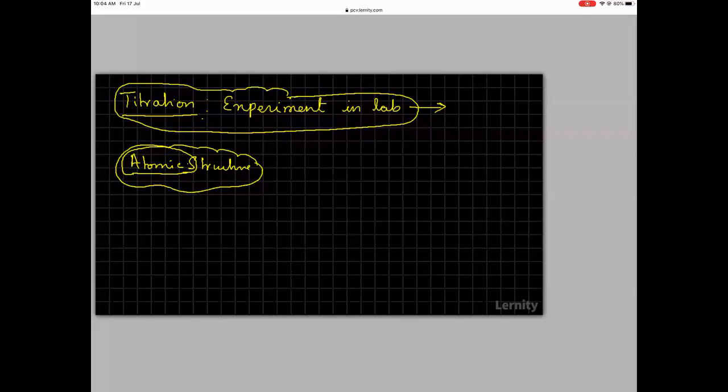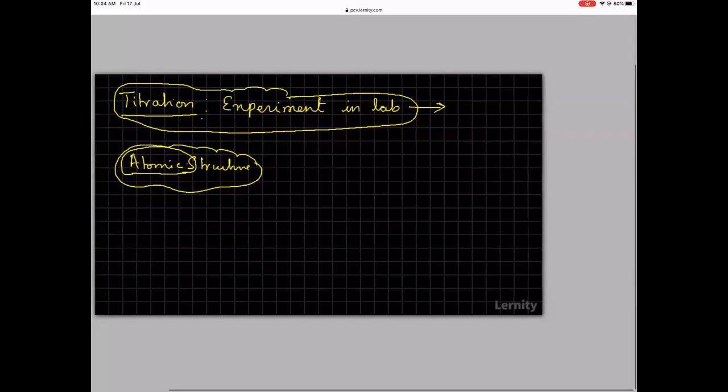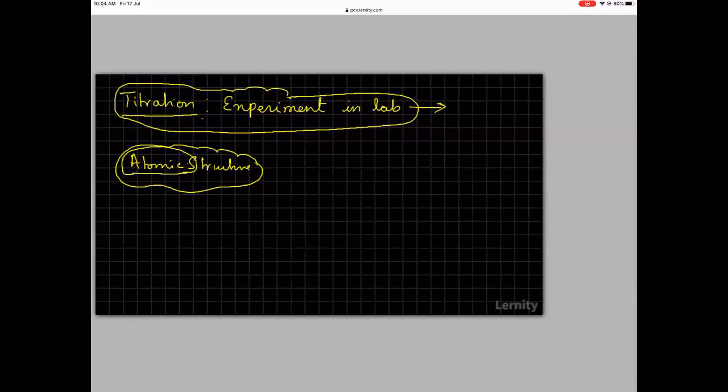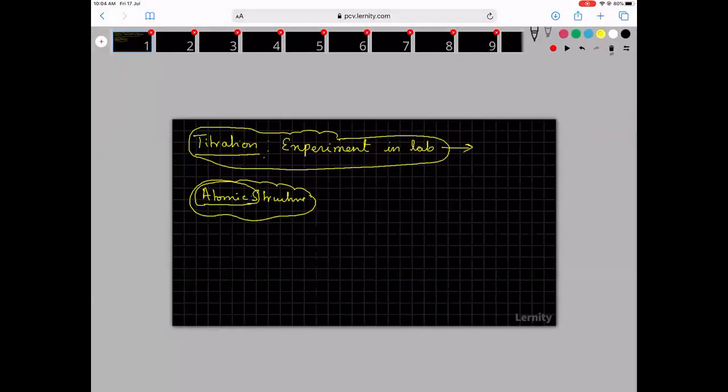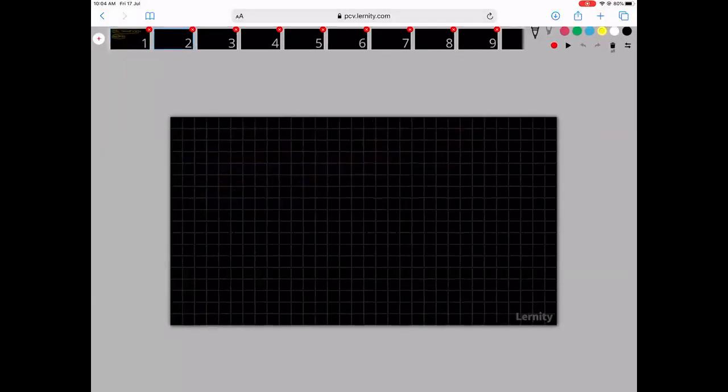So let us now quickly revise the different quantum numbers first.